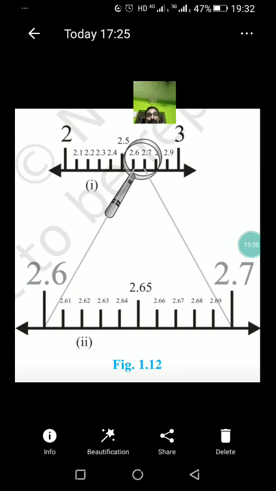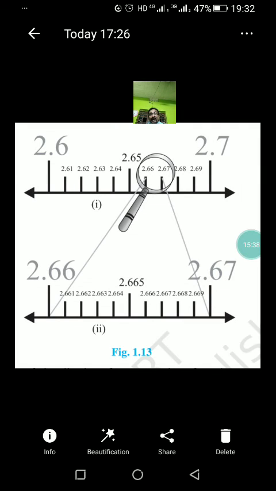Again, 2.665 lies between 2.66 and 2.67. So let us focus on this portion of the number line and imagine dividing it again into 10 equal parts. We magnify it to see it better. The first mark represents 2.661.